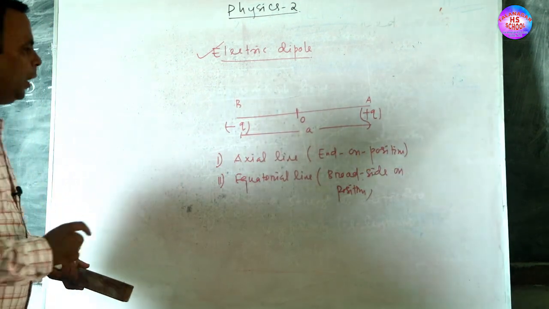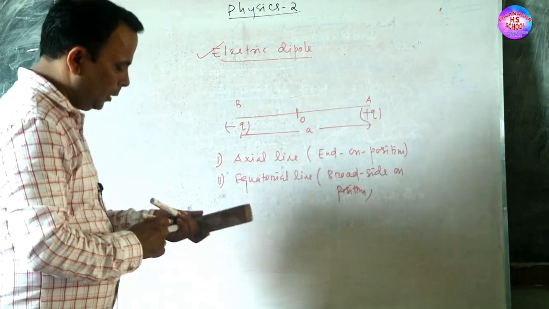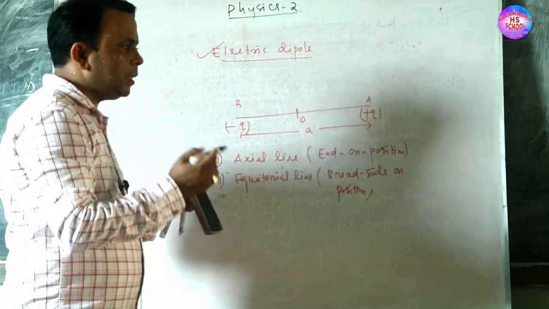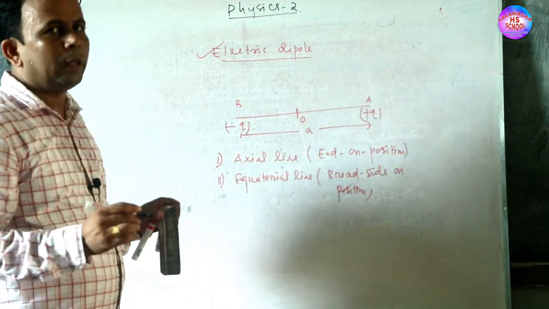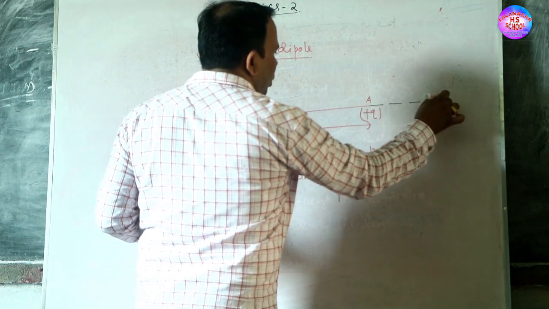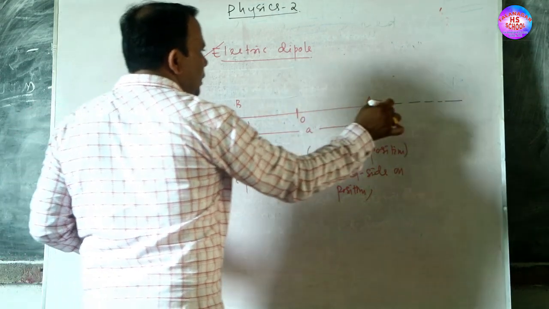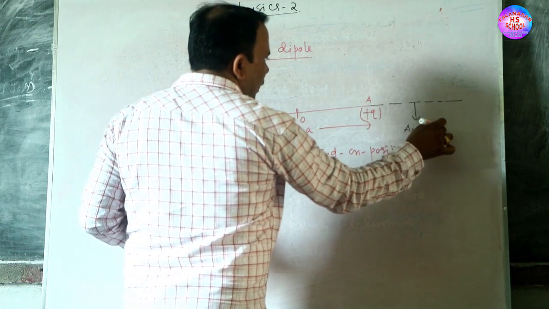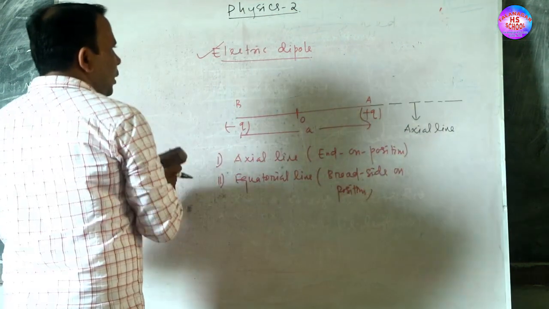What is the axial line of an electric dipole? A line joining the two equal and opposite charges and passing through the center of the dipole is called the axial line. Then the equatorial line.